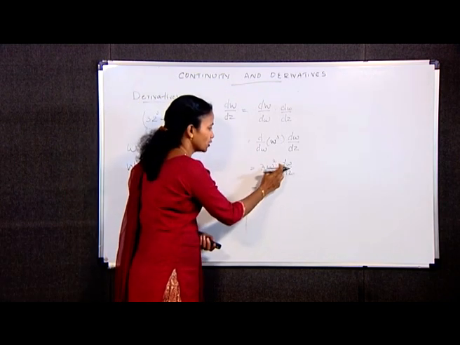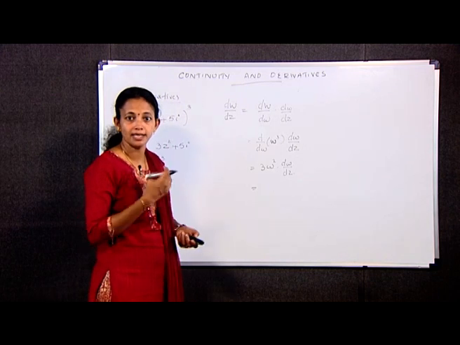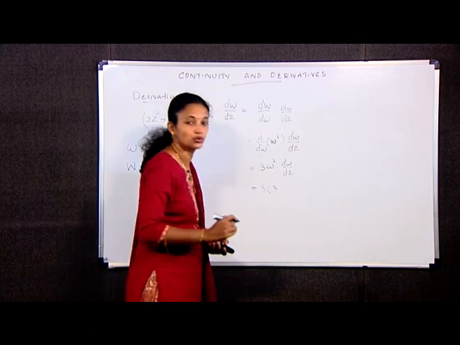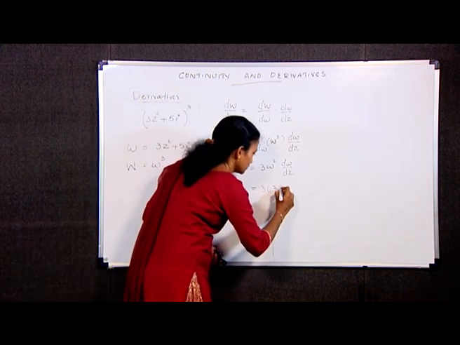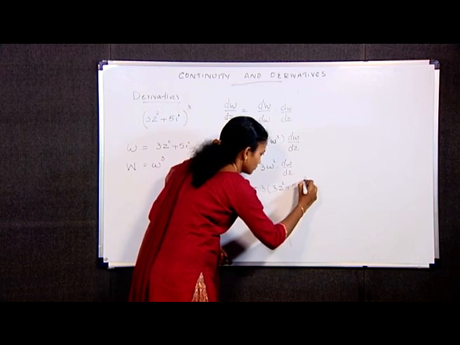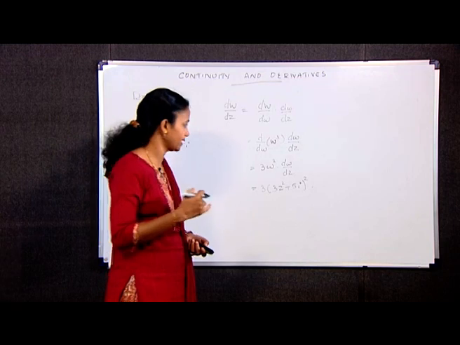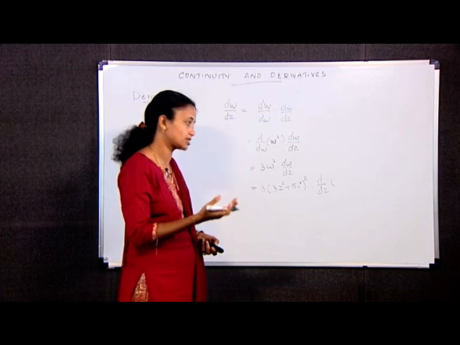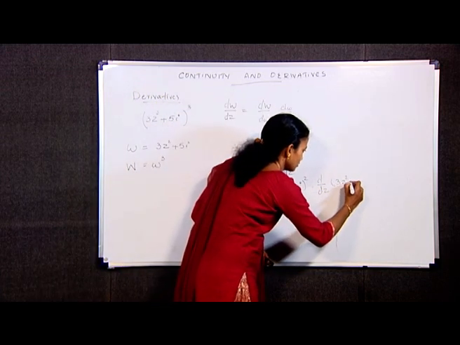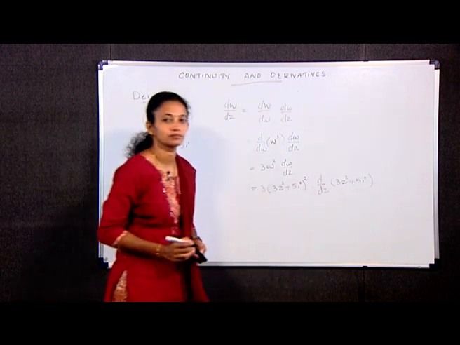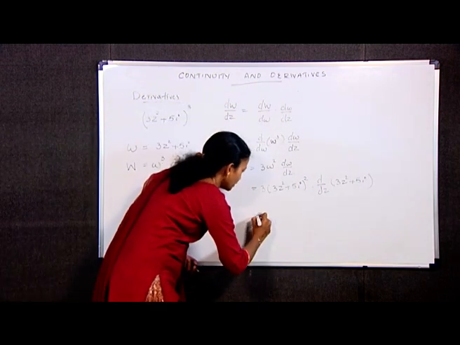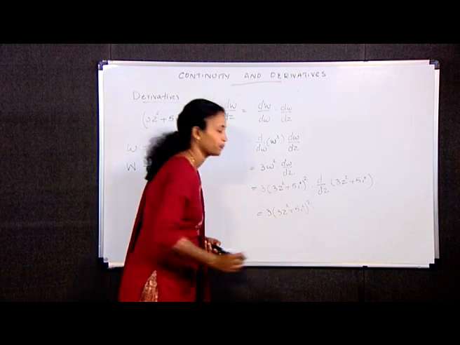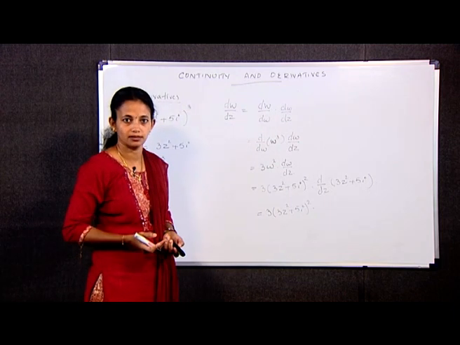So 3w square into dw by dz I can write as 3 into (3z square plus 5i) square into d by dz of 3z square plus 5i, which on simplification is equal to 3 into (3z square plus 5i) whole square into 6z.